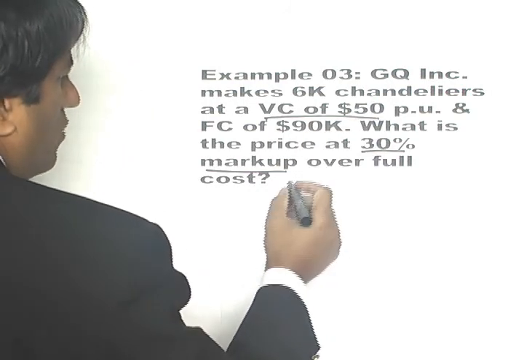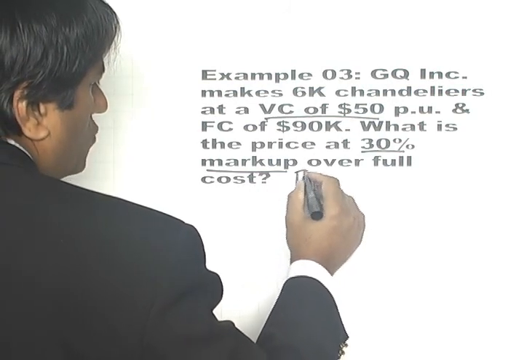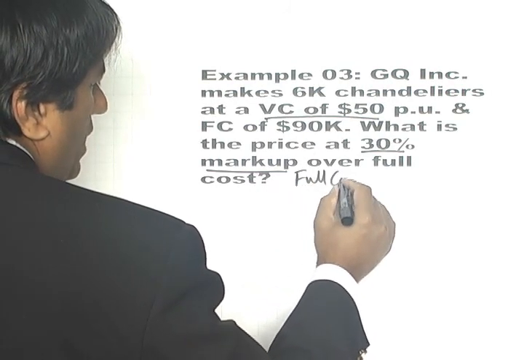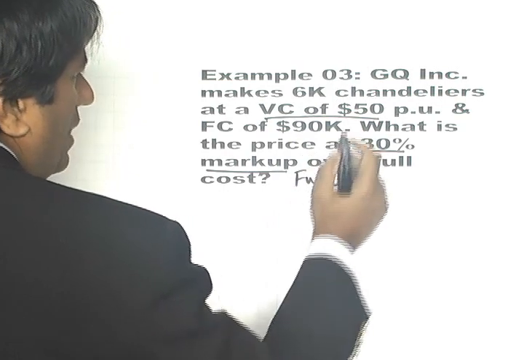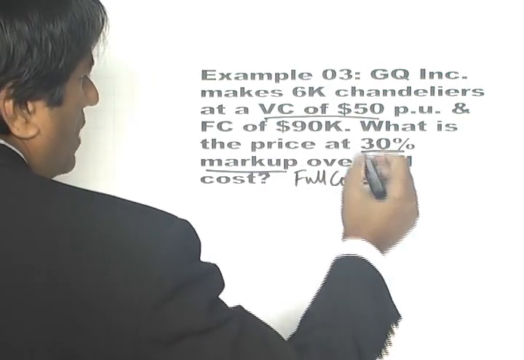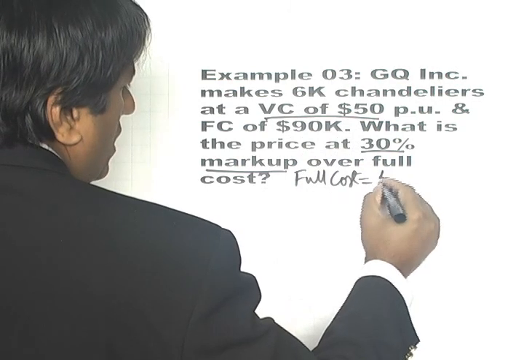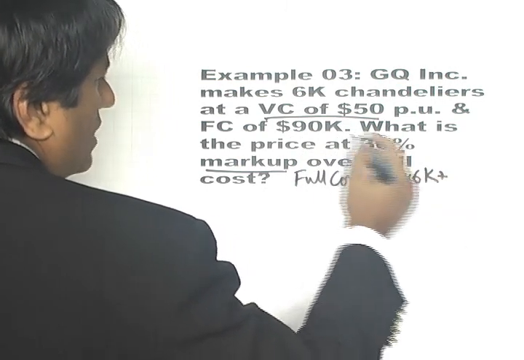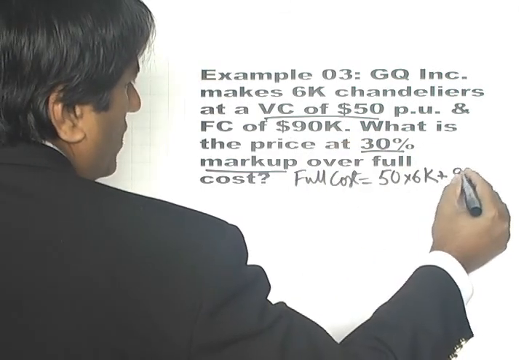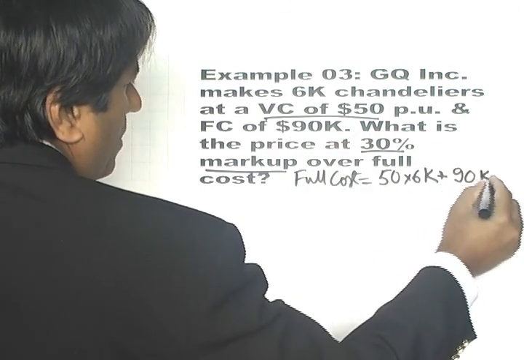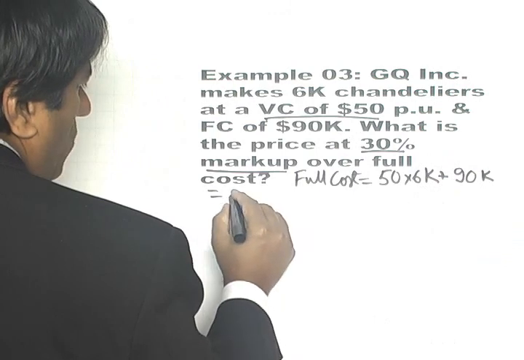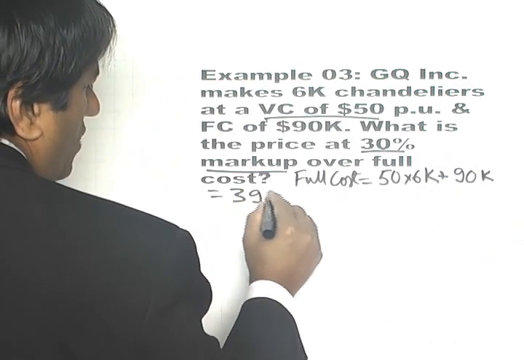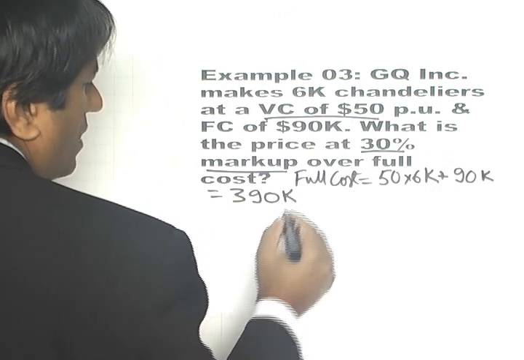So let's first do the full cost. So full cost is going to be equal to the variable cost multiplied by the number of units, so that's 50 into 6K plus the fixed cost, which is 90K, and that equals 390,000.